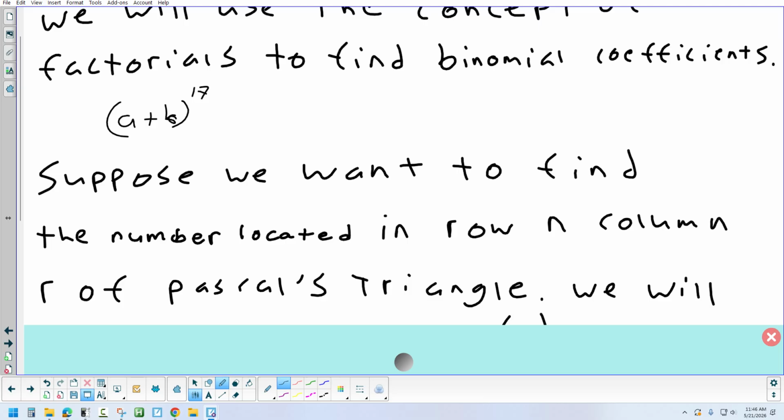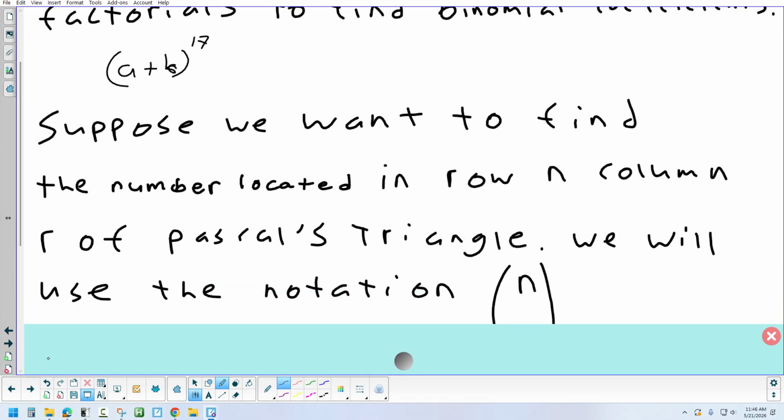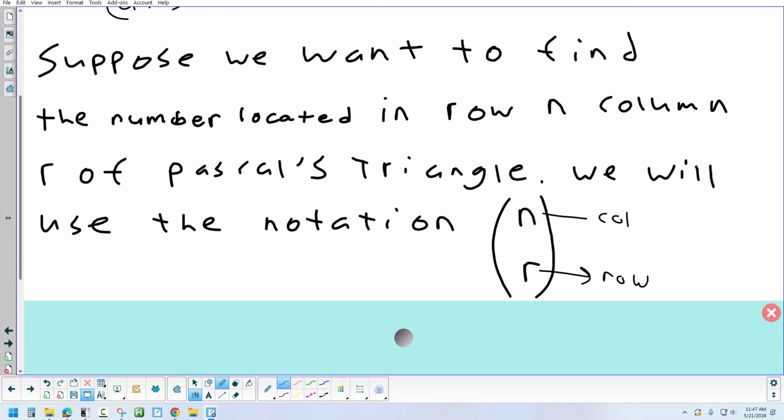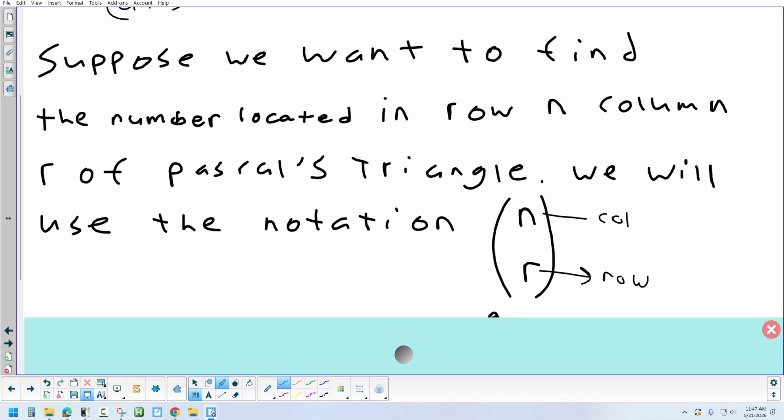So what we're going to do is use 2 letters to describe the position in the triangle that we want to find. The row is going to be letter N, and the column is going to be letter R. The notation we're going to use looks like a set of parentheses with a number on the top and on the bottom.